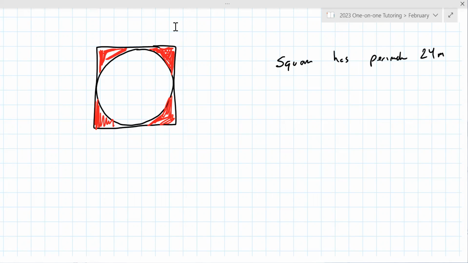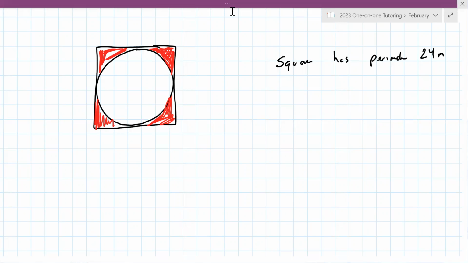So 6 and 36. And then 30. Or actually, no. 30 minus 3 meters squared.